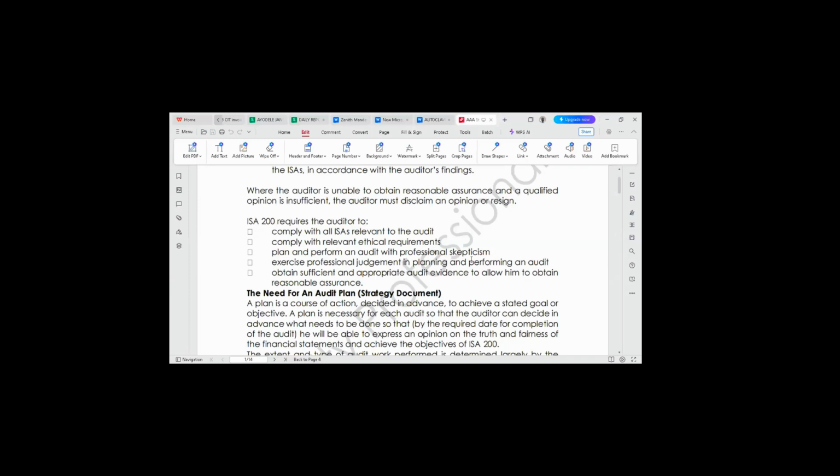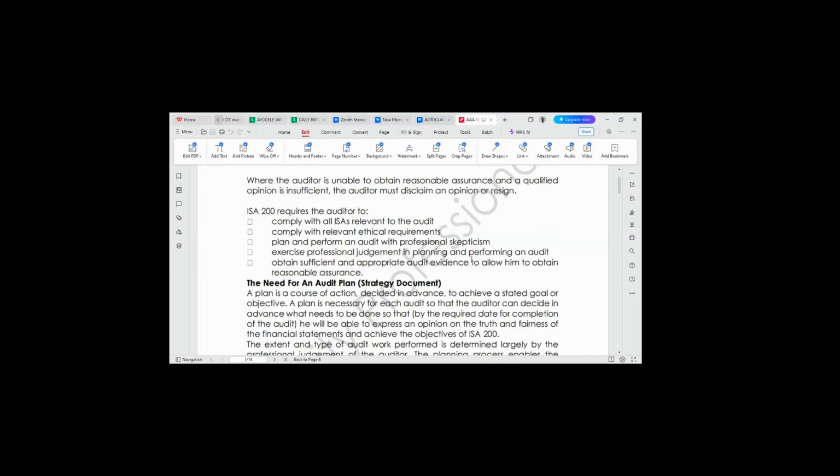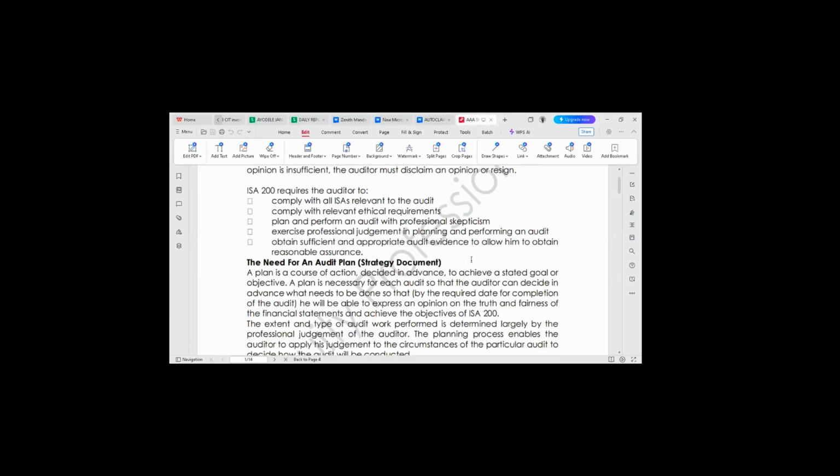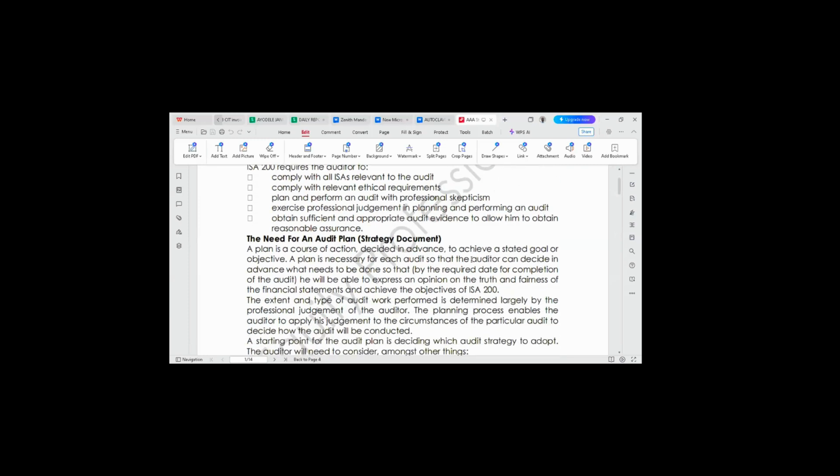You have to have an audit plan for revenue, for non-current assets, and for liabilities. All of them like that. So you have to cascade things down granularly into each of those areas of the financial statements. That's why we call it an audit plan, because that's the only way you can achieve the objective of the audit.